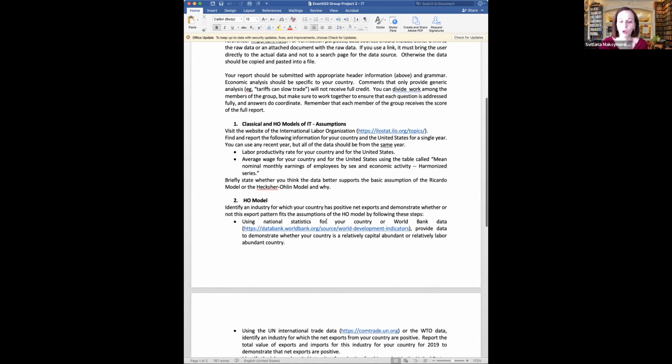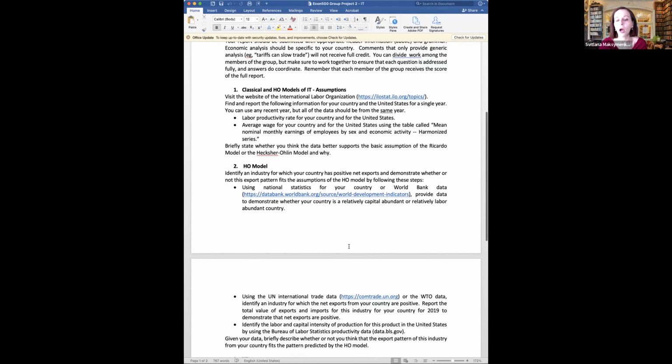They also visit the data bank of the World Bank in order to trace the exporting and importing industries, the largest exporting and importing industry of the country of their choice.